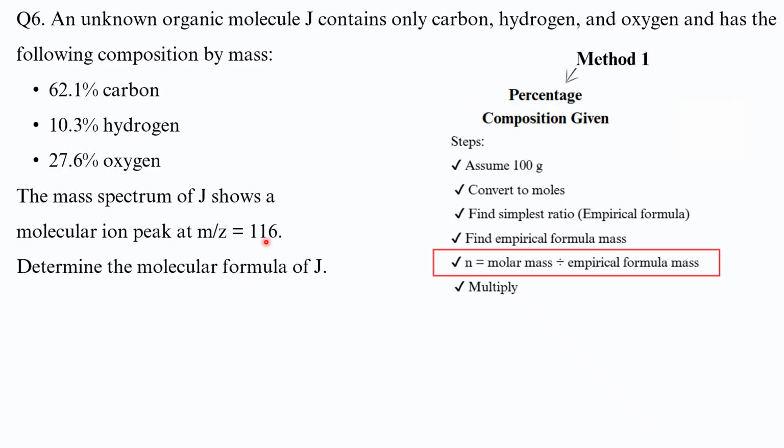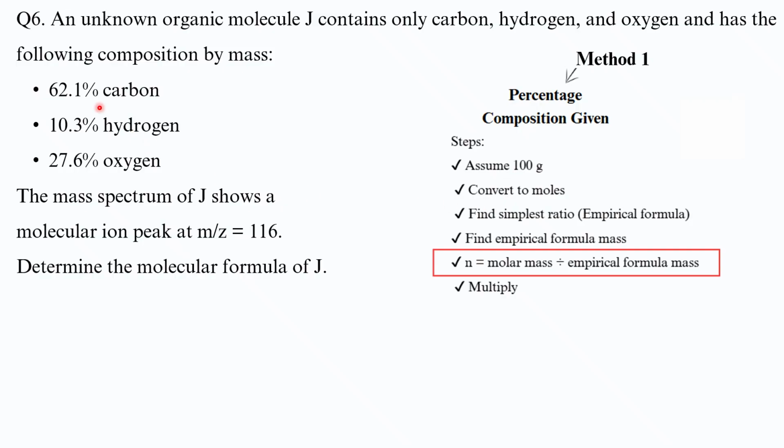As you can see here, based on the mass spectrometry data, I have the molar mass of my molecule as what? 116. So the molar mass is given from the mass spectrum data. That's why this question is connected to the mass spectrometry topic. If you have this data given in your question, you will follow method 1, where you will assume the total mass as what? 100 gram.